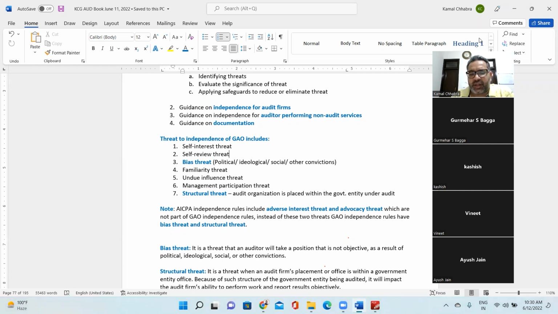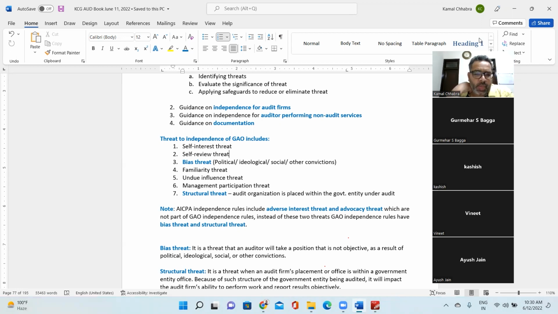So maybe your manager says leave it, it's not material or something like that, right? So that is called undue influence, either from the audit team side, like your manager, senior manager or partner or any of your senior employees, or sometimes it can be undue influence from the client side also, like a director or senior management person.